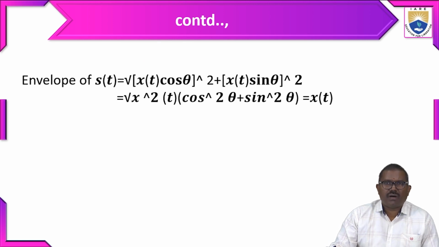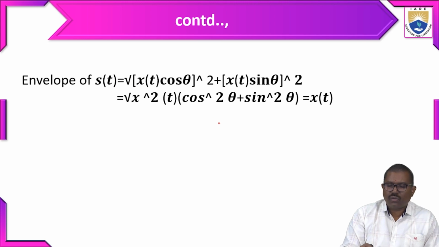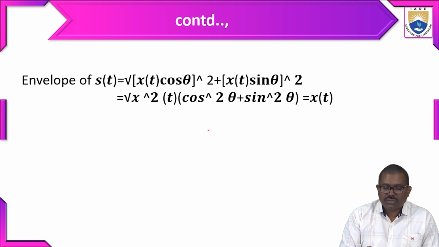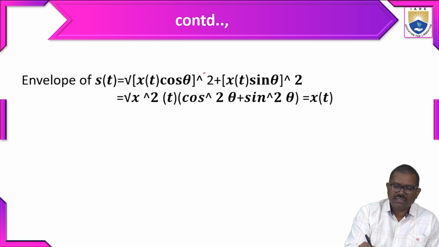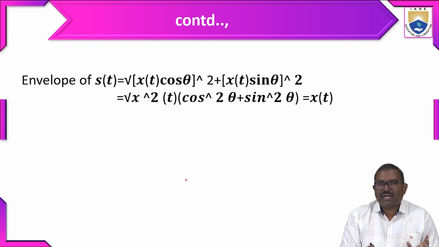So the envelope of the modulated signal is the square root of (x(t) cos θ) squared plus (x(t) sin θ) squared. So this indicates the square of the cos term plus the square of the sin term.